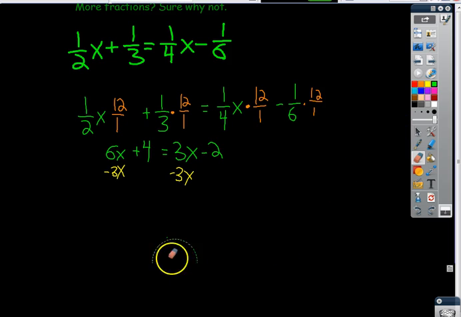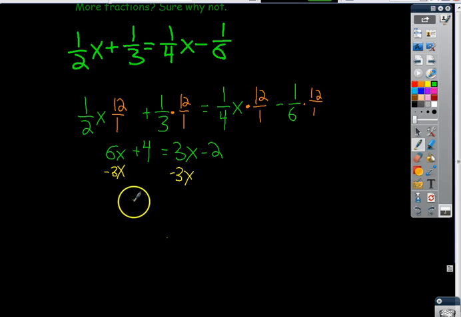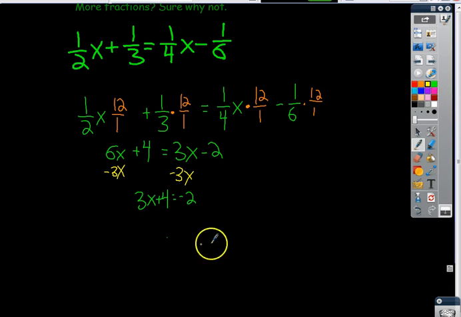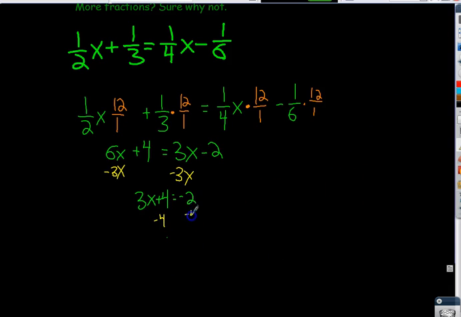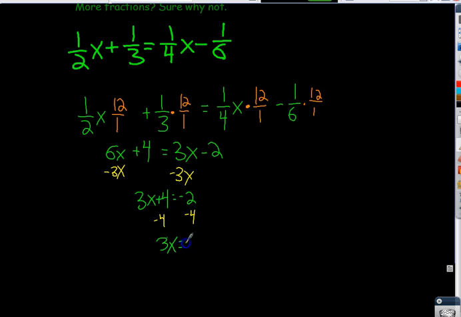Now I need to figure out how to solve this thing. So 3x here in this case plus 4 equals -2. I am going to subtract 4 from both sides. And then let that soak in. How do I solve?